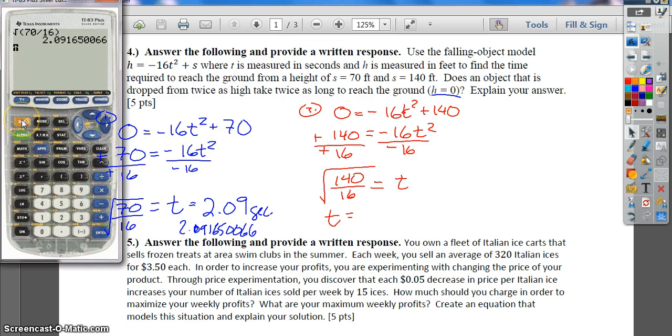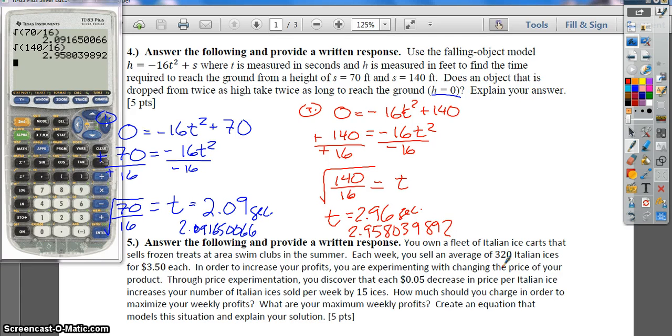So I'm going to do the square root this time of 140 divided by 16. And so my time here, to the nearest hundredth, would be 2.96 seconds.